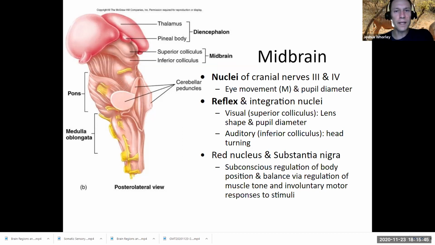So any of the regulatory nuclei we talked about are all autonomic, right? Of course, a lot of the reflexive nuclei or areas in the brain are also autonomic. There are just a couple of reflexive areas that also involve somatic output, so that involve control of skeletal muscle cells.